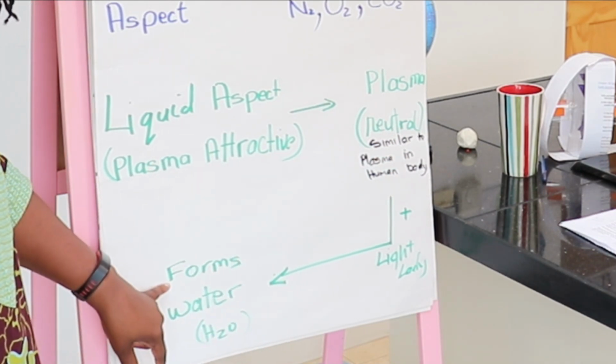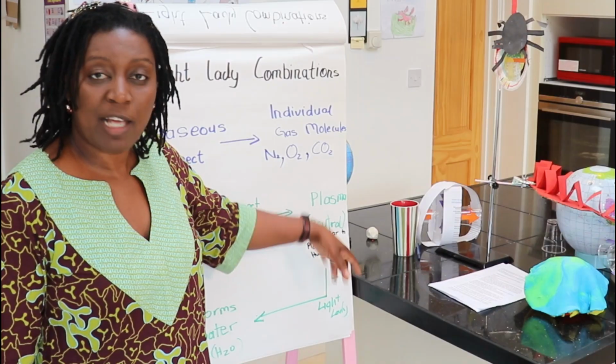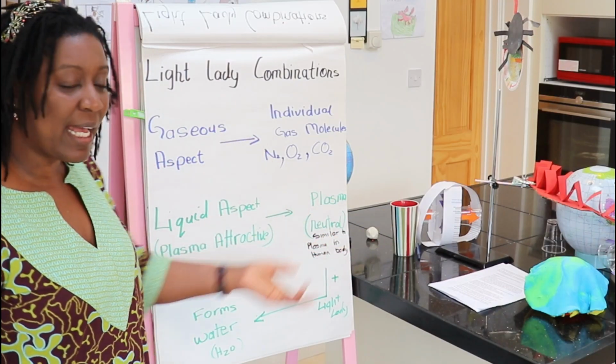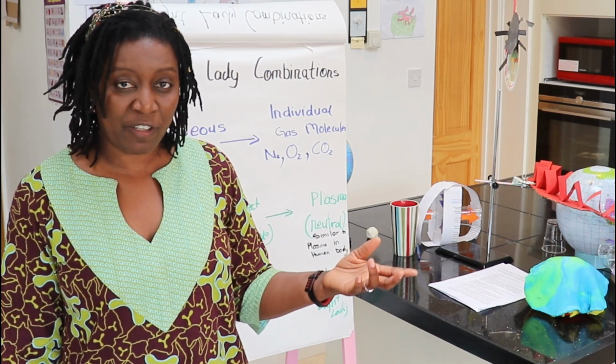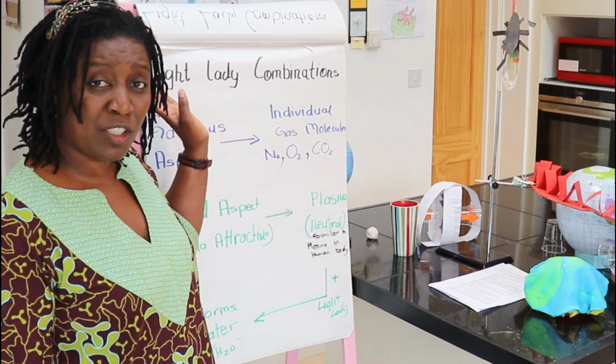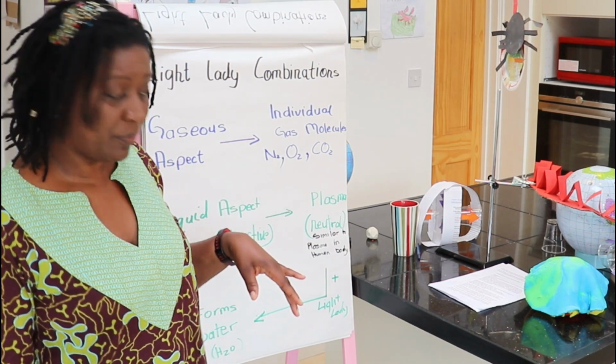And I said that water is a derivative of plasma. That's all correct. But I also said that water is not attracted to the solid or gaseous aspect of the God universe.